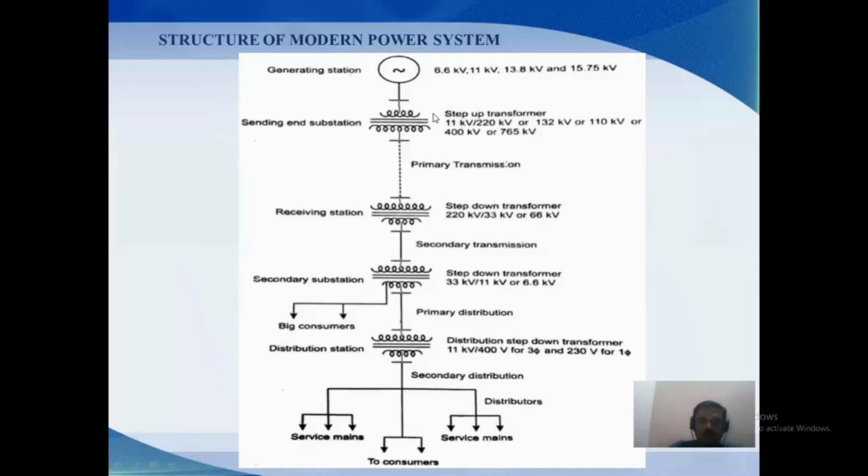Transmission loss formula is I square R losses. Here, for constant power transmission, if the voltage value increases, the current value automatically decreases.